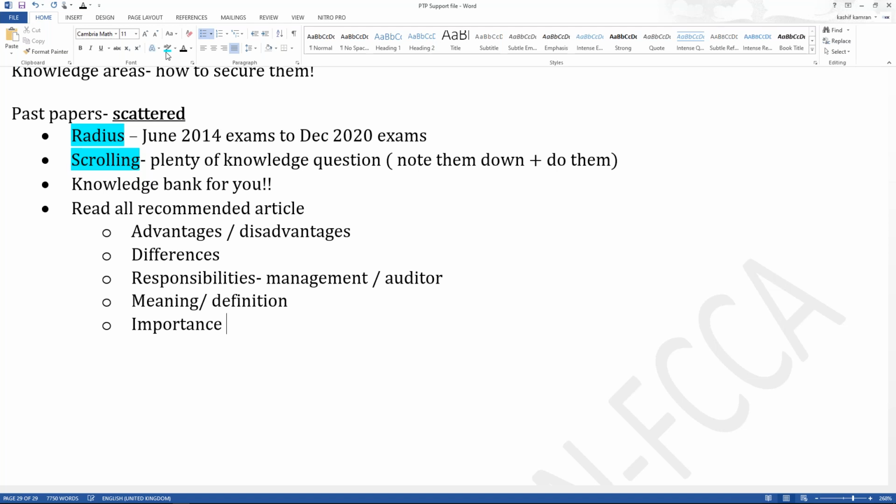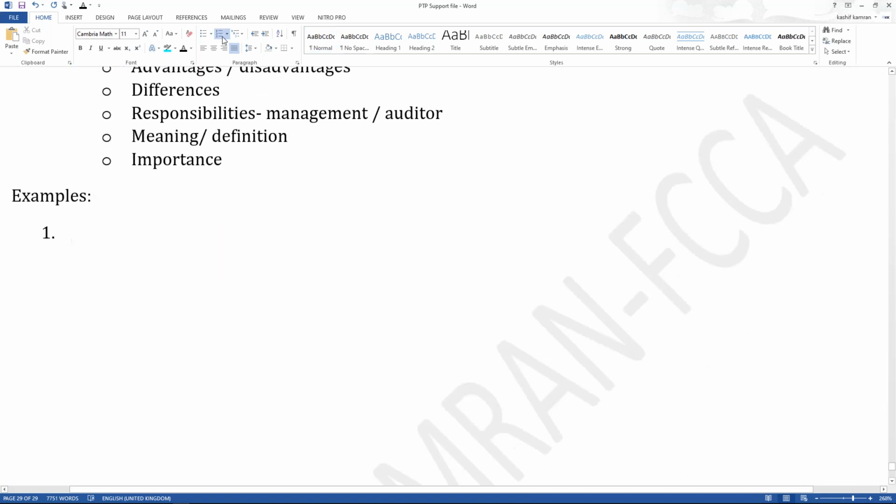Okay, that's great. Now, you need to find some important areas which have been in more regular context over the past years. Let me give you some examples. Number one, the anti-money laundering policies for an audit firm.